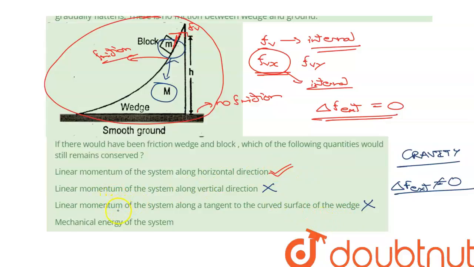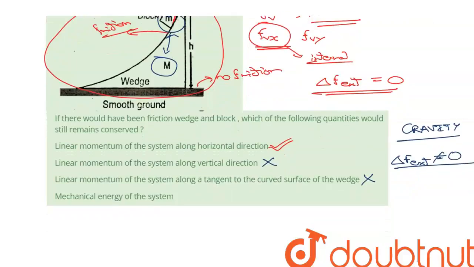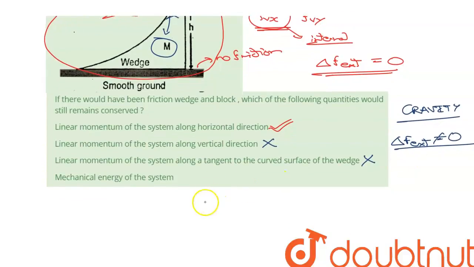The final option says mechanical energy of the system. Now option D says that the mechanical energy of the system will remain conserved. Now for mechanical energy of a system to remain conserved, the only forces that are acting on it should be conservative forces.